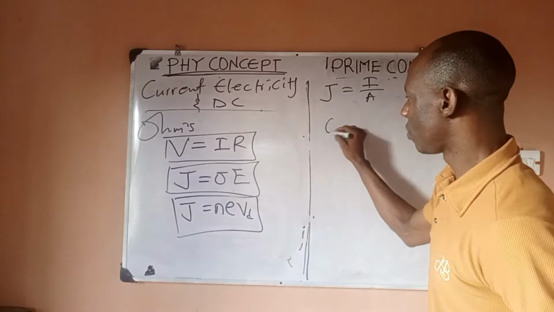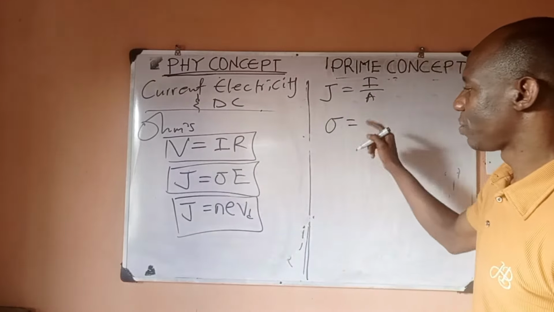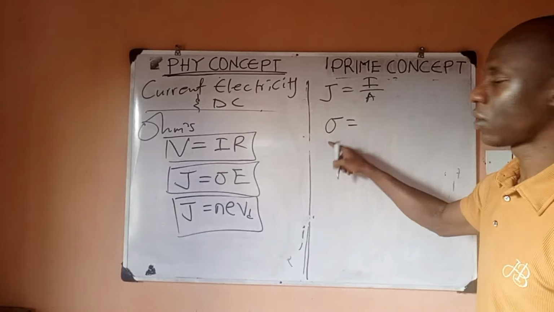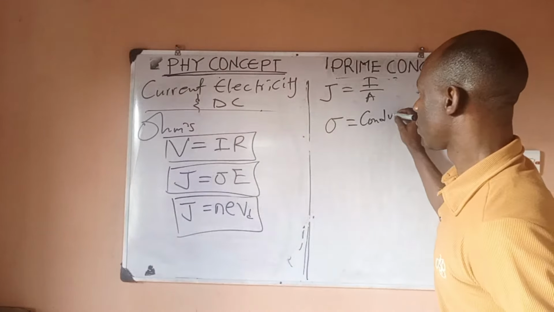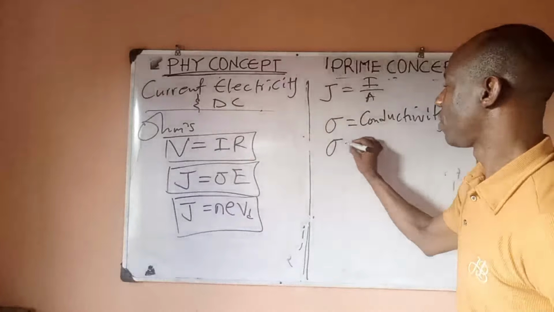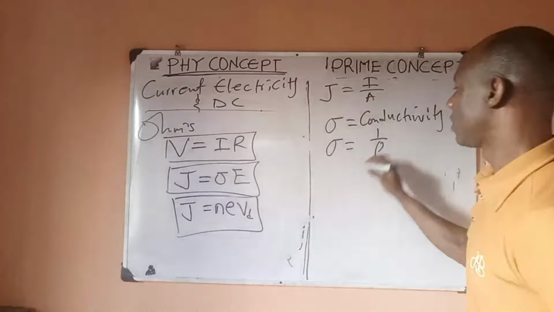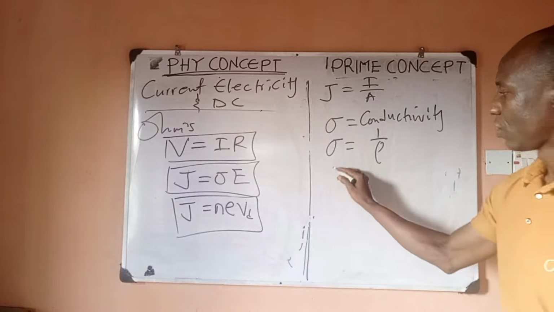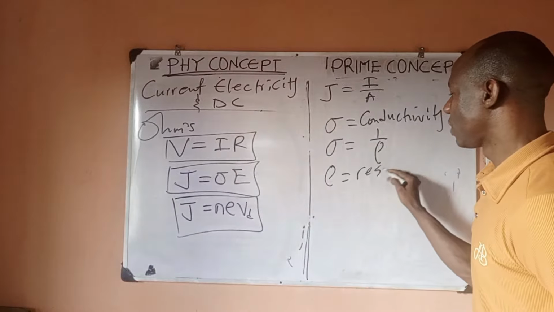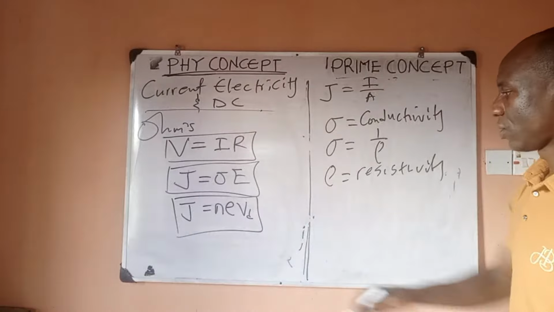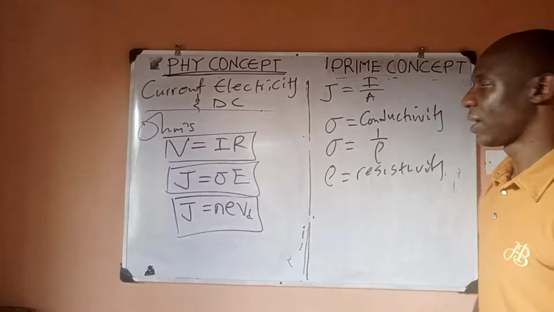Then this symbol, sigma, represents conductivity. That's what the symbol is. And it has a formula which is 1 over this. So conductivity is the inverse of resistivity. So this is actually called resistivity. So you should take note of these relations.